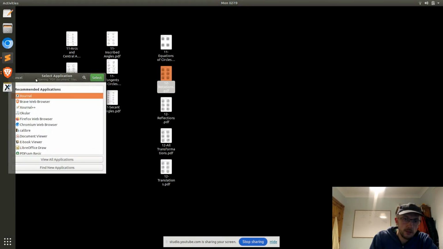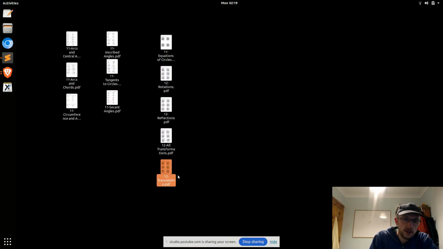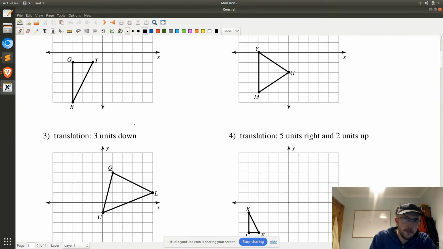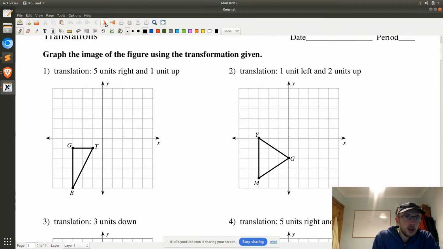Okay, we'll do translation first. Usually the simpler sort of one. Okay, translate the figure 5 units right and 1 unit up. Okay, so G goes to here and here. There. Here, 1 unit to the left, 2 units up.